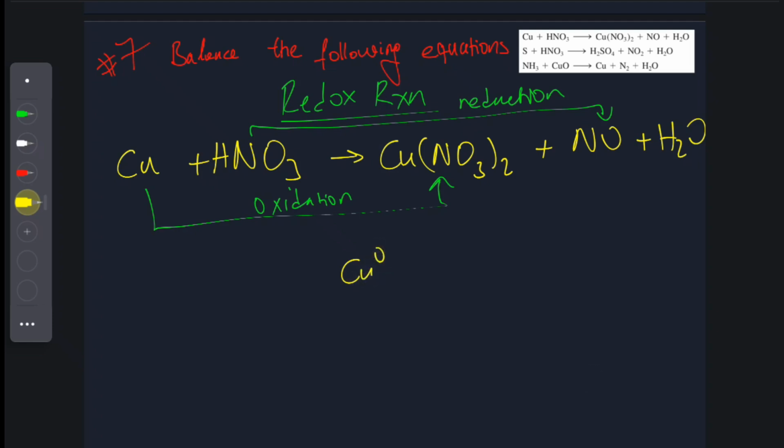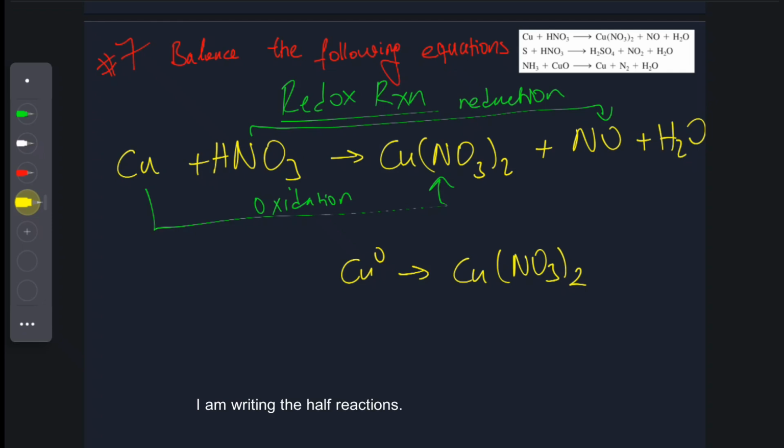Copper 0 became copper nitrate, and I want to balance this reaction. How can I do that?